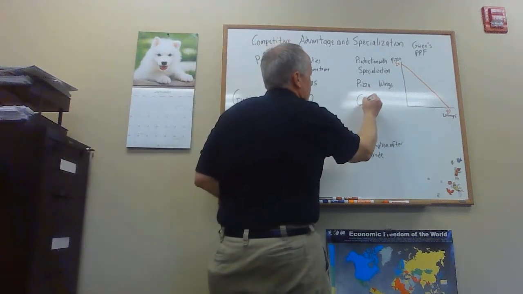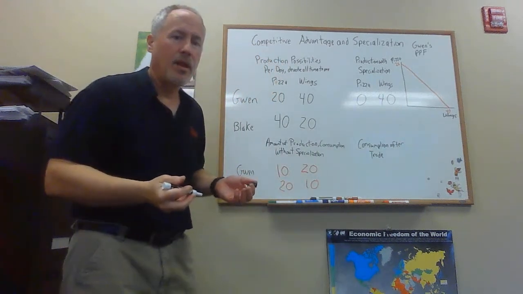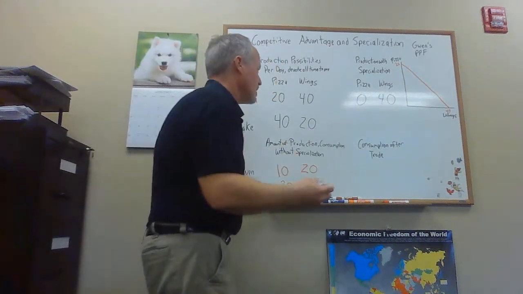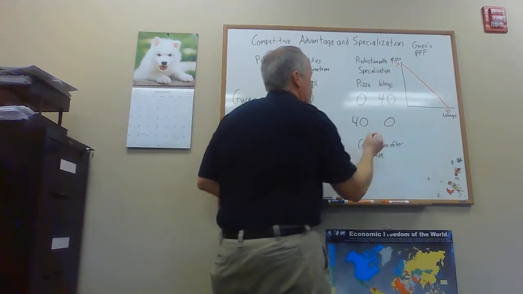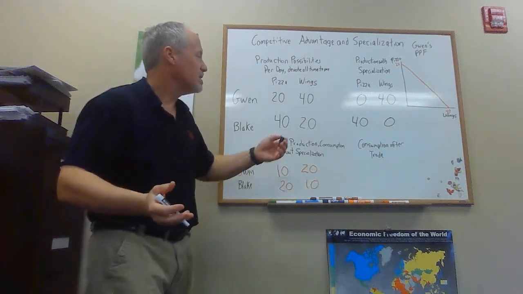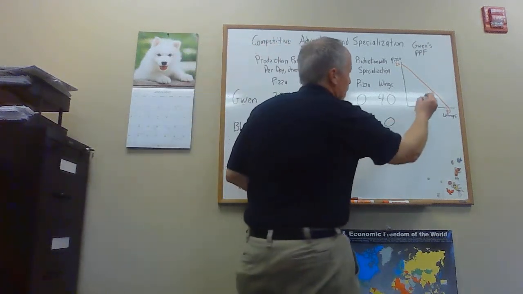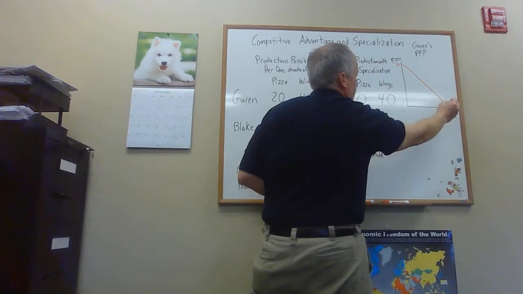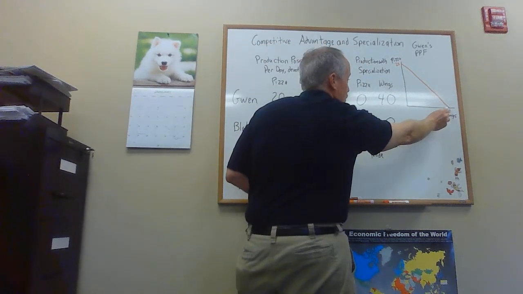She makes no pizzas, but 40 wings. And Blake specializes in pizza. He'll make 40 pizzas and no wings. So this is now what they have in terms of production. In fact, Gwen has moved from the middle of her PPF down to this end of the PPF for production purposes.